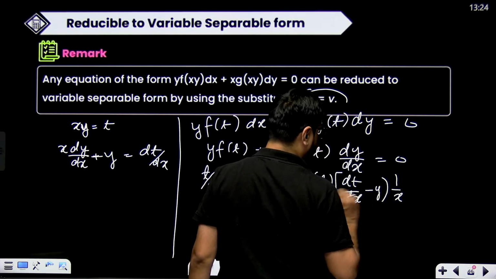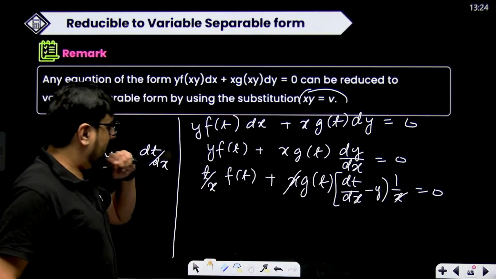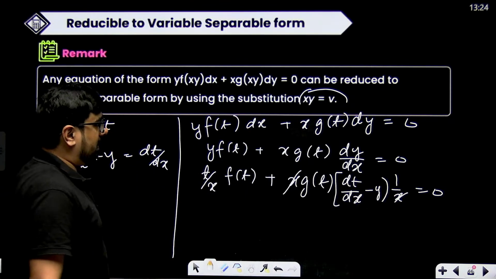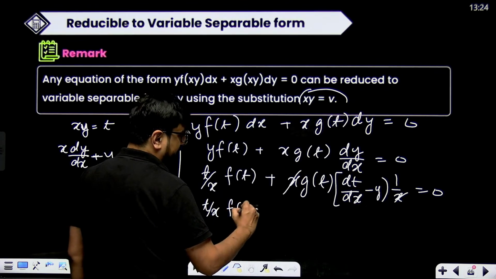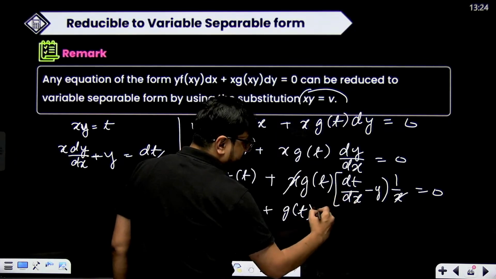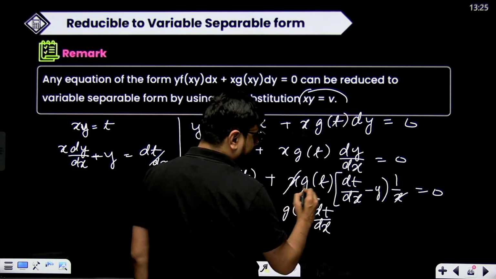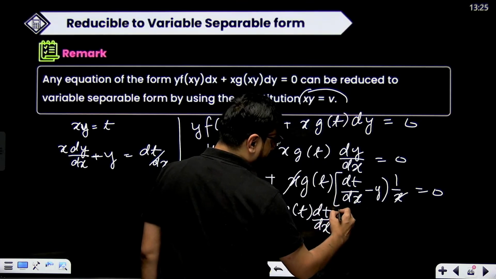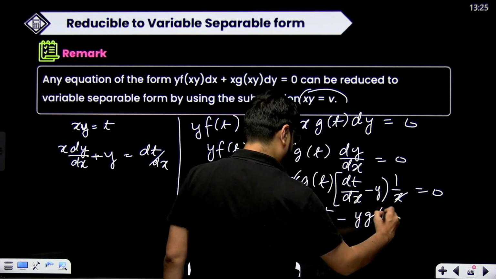So this x and this x are getting cancelled. Now what are we going to have? t by x f of t as it is, plus g of t with dt by dx, minus y g of t.